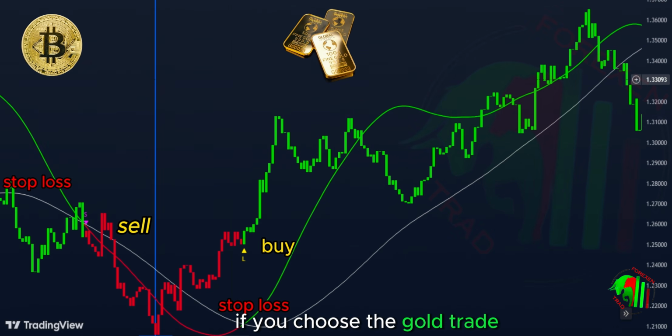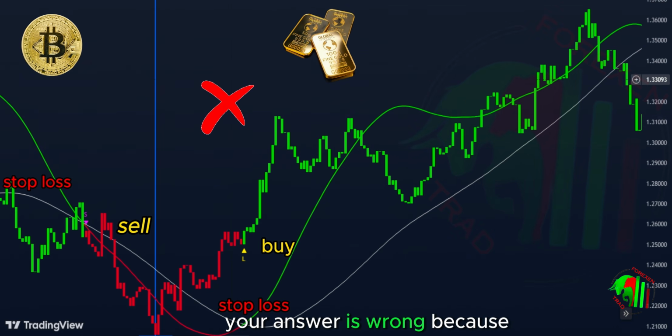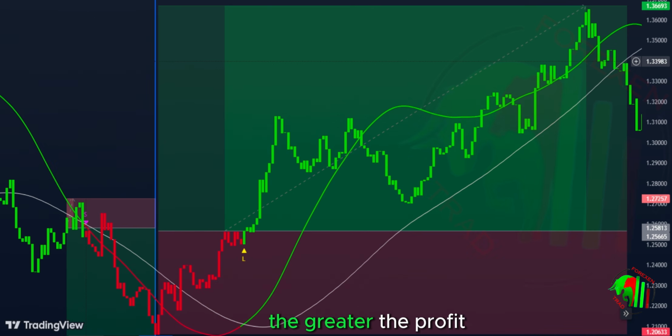If you choose the gold trade, your answer is wrong, because the trade that will give you the highest return is the Bitcoin trade. The rule is that the higher the risk, the greater the profit. If you enter a gold trade, first, it will take longer to reach the target. Second, your risk-to-reward ratio is 1.2, which is less than the profit of a Bitcoin trade.